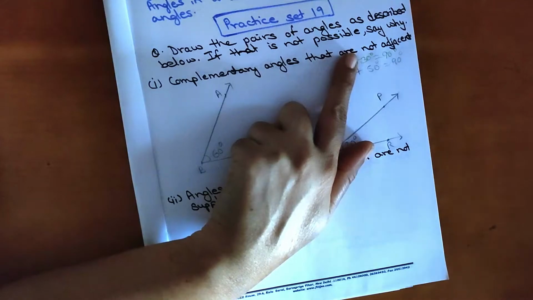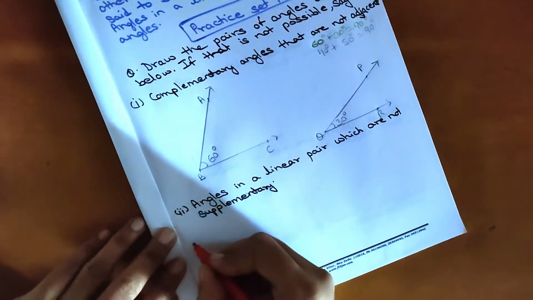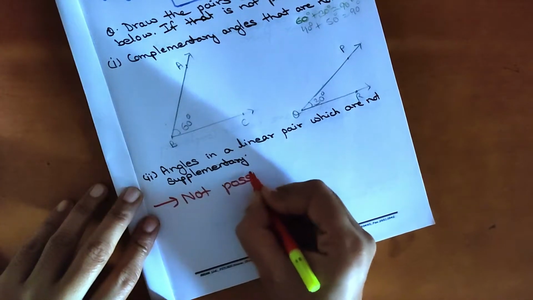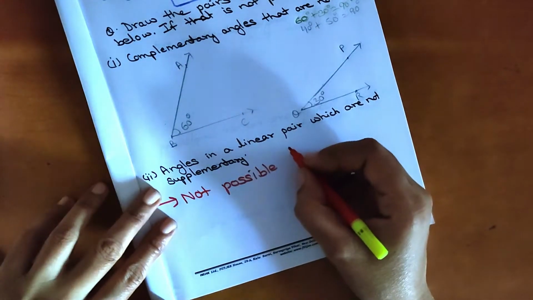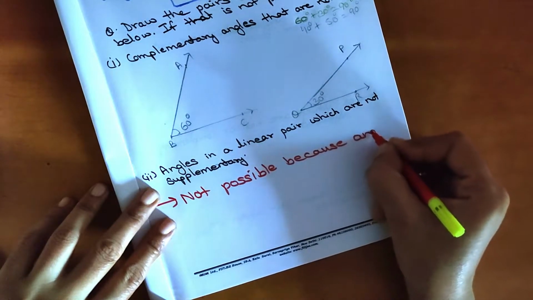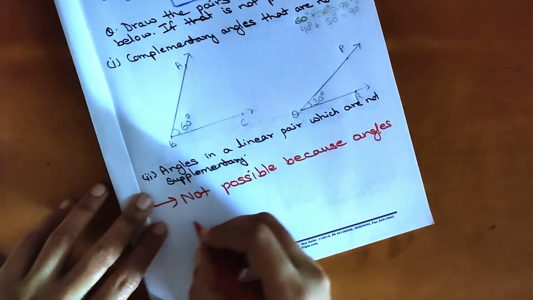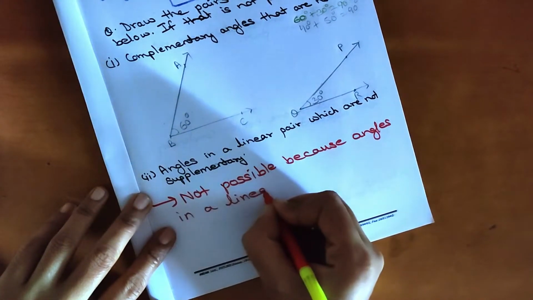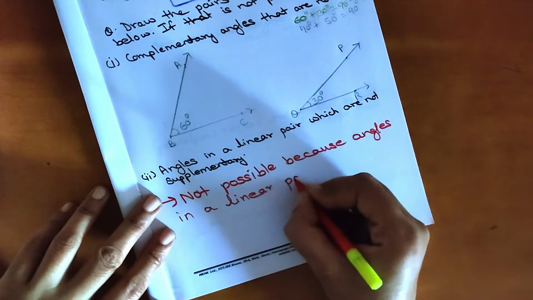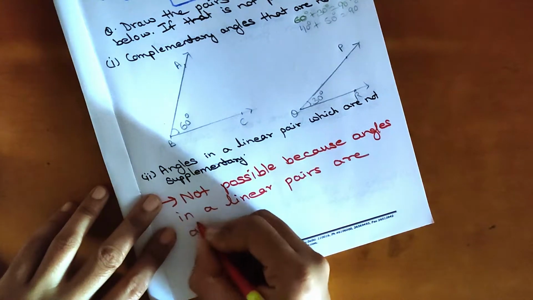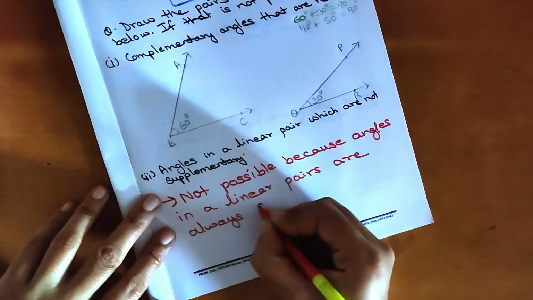Say the reason. So we can write here: not possible because angles in a linear pair are always supplementary.